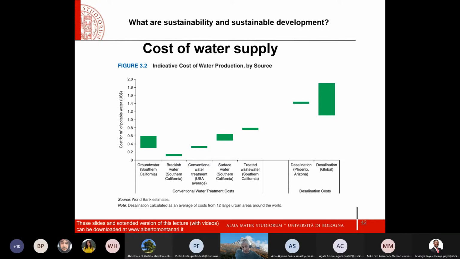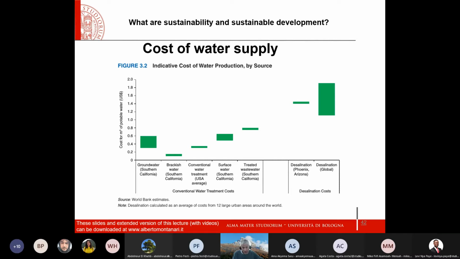In Southern California, they have a lot of brackish water in the estuaries, which can be easily used. This is why the cost is reduced. On the other hand, brackish water is not available everywhere, but when it's available, if you think of the estuary, it is an easily accessible place. It's like a huge reservoir. So you can understand why in the south of California it is available at a low cost.